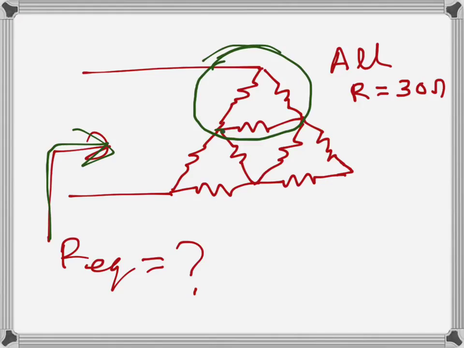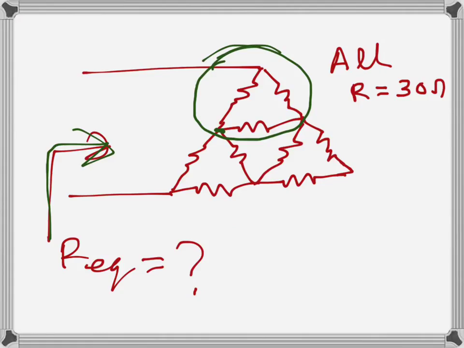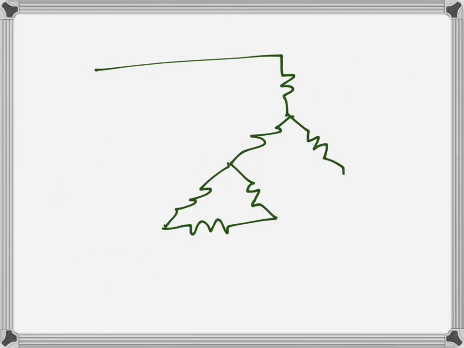After that we will still have this resistance and this resistance, and for this part this one and this one, these three will stay, so it will be like that. Now what are the values of the equivalent Y resistances?